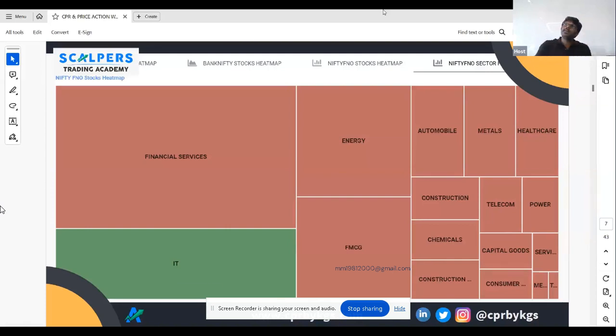When the overall trend is bearish, you will be going with the flow, taking short positions, and you will be profitable. But when the market is in between, suddenly falling without any proper news or technical reason, and then reversing, in that kind of situation swing trading seems a bit tough. So you have to check this factor also.